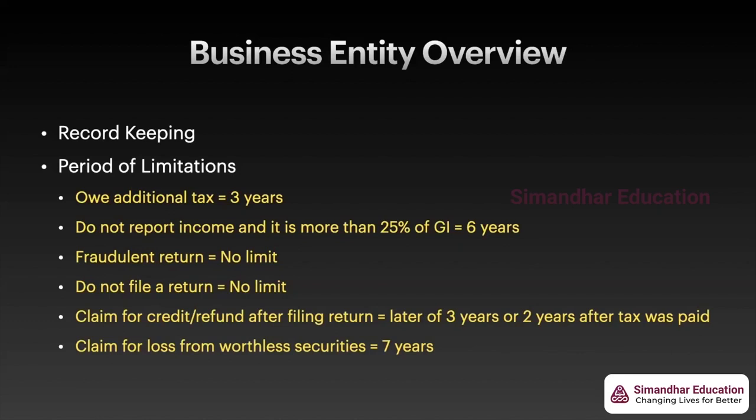If you filed a fraudulent return, or if you have not filed a return, there's no limit. In cases where you're filing to claim a credit or refund after you filed your original tax return, then it is the later of 3 years when the return was filed, or 2 years after the tax was paid. And then the last one, obviously, if you're claiming a loss from worthless securities, it's 7 years.